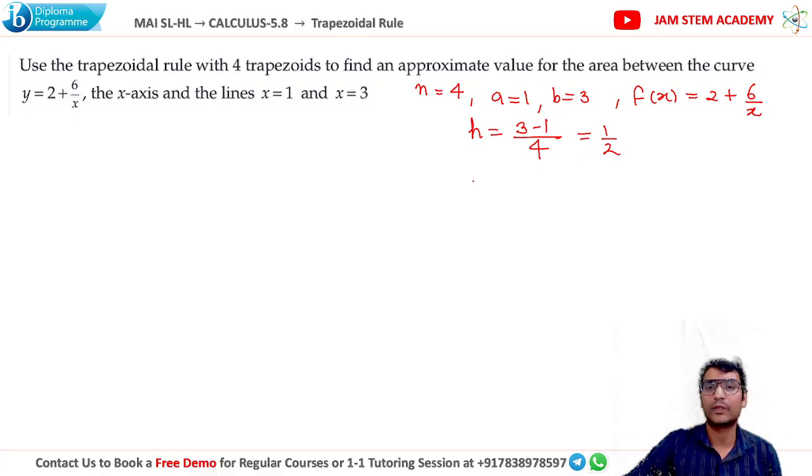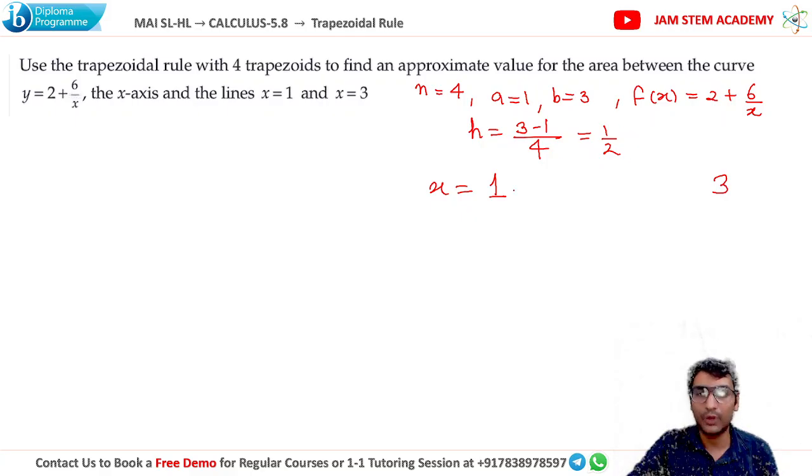Now I have h equals half. I have to start from x equals 1, and I have to go till 3 by taking the differences of what? Half. So next value will be 1.5, then 2, then 2.5 and 3, right? So in this way we will end up getting 4 trapezoids.